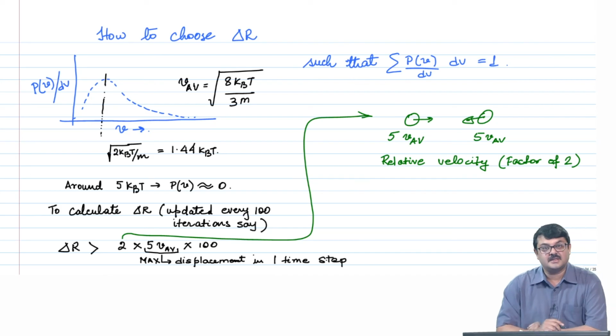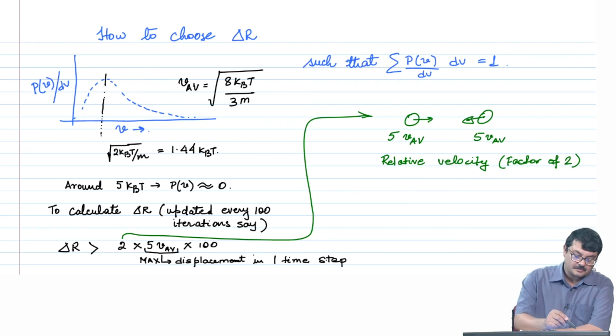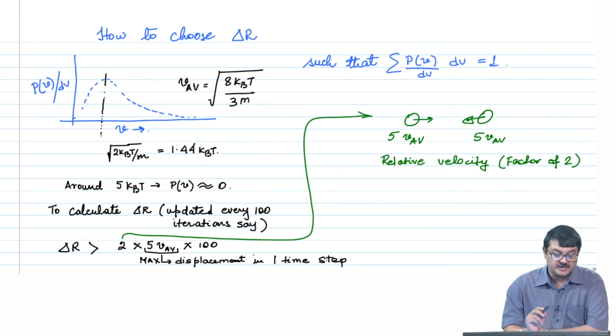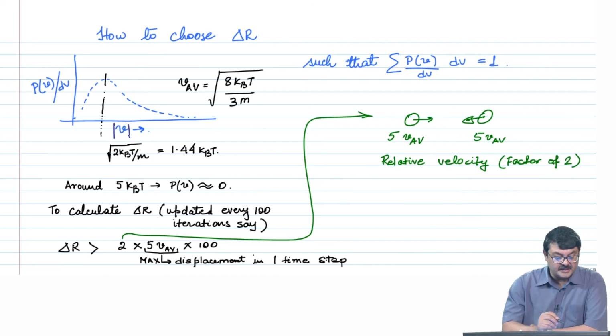So, here I have plotted the probability density of speed, the Maxwell-Boltzmann speed distribution, P(v) dv by dv, and on the x axis you have speed, the magnitude of speed, and of course, there is a peak like this.